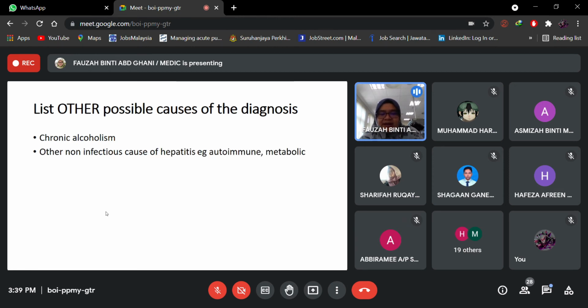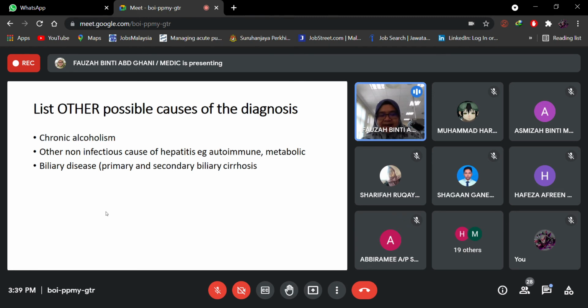Okay, and there are other non-infectious causes of hepatitis, for example, autoimmune hepatitis or any metabolic causes of hepatitis. Just now you mentioned the syndrome that you get in the newborn where they have a problem with the bile duct.